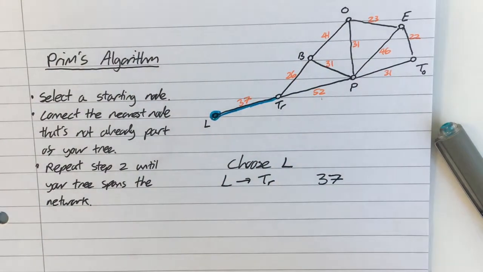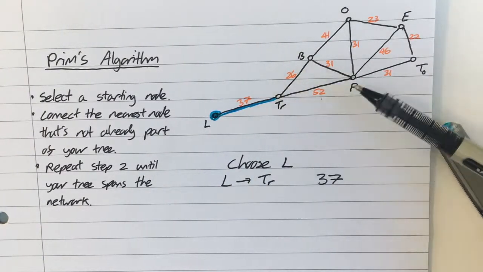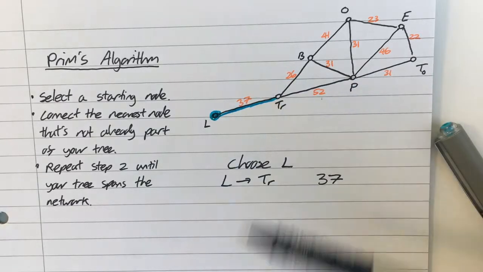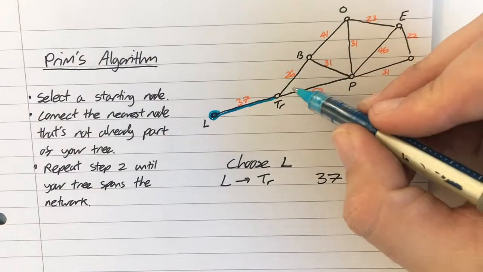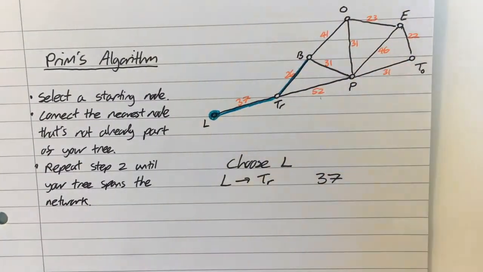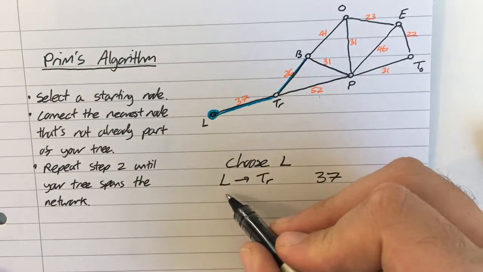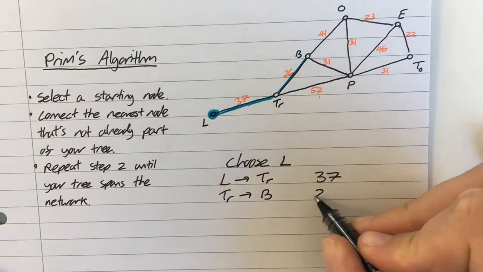That's 37. Okay. And the next one, I've got a choice. I either choose to go from Truro to Bodmin or from Truro to Plymouth, and I would choose Truro to Bodmin because that's the closest. So therefore, that's my next arc that I choose. Truro to Bodmin, and that's a length of 26.